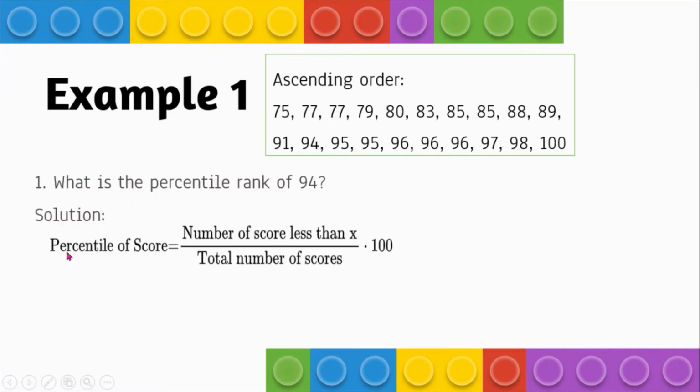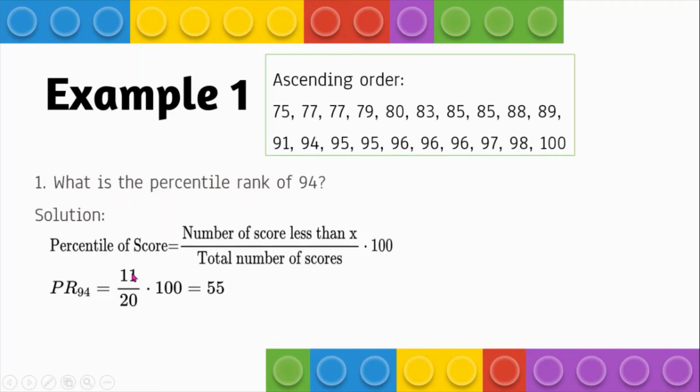Solution: using this formula, percentile of score is equal to the number of scores less than X over the total number of scores times 100. By substitution, PR sub 94, since we are looking for the percentile rank of 94, is equal to 11, since the scores less than 94 are 1, 2, 3, 4, 5, 6, 7, 8, 9, 10, 11.